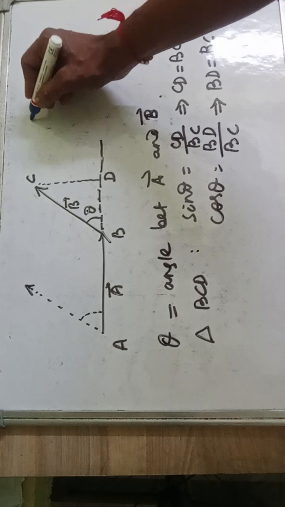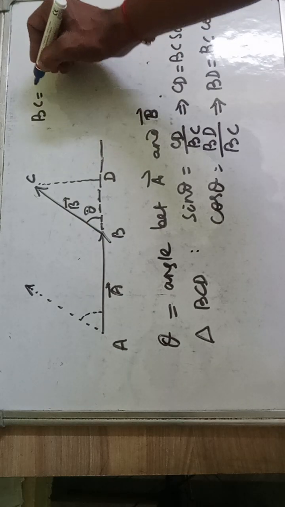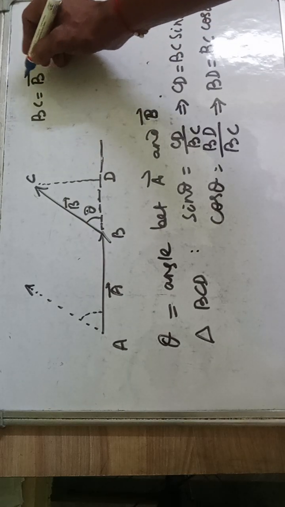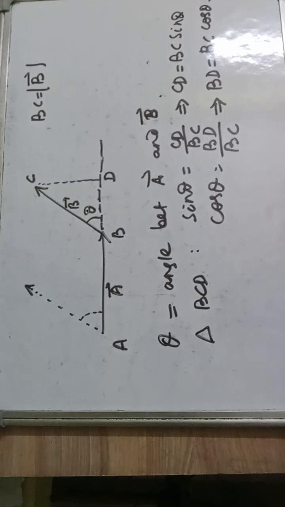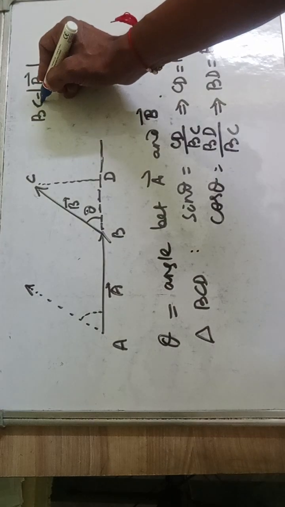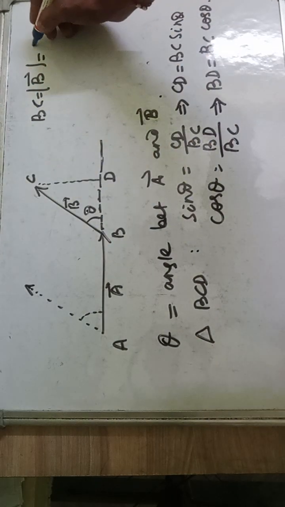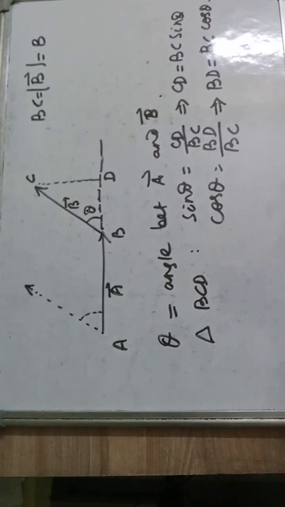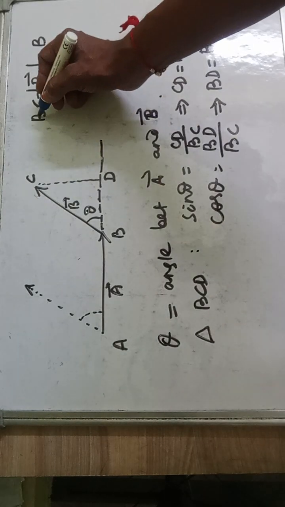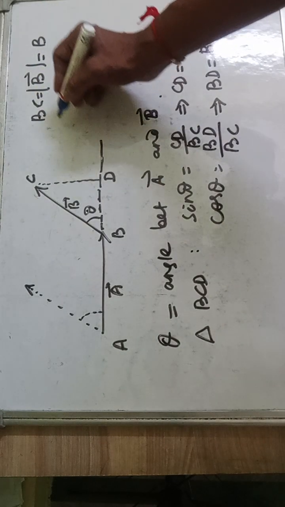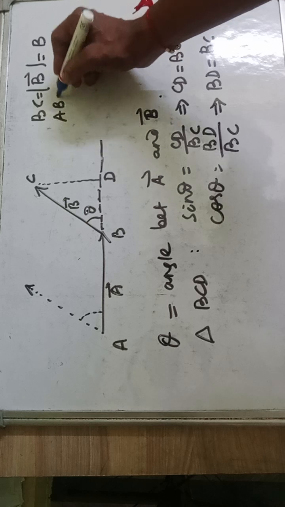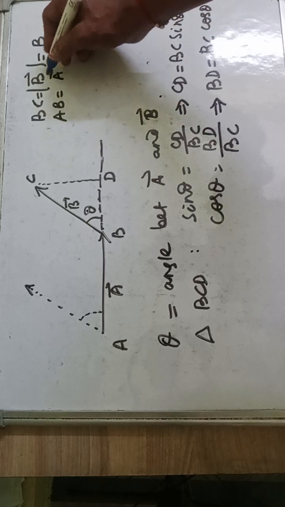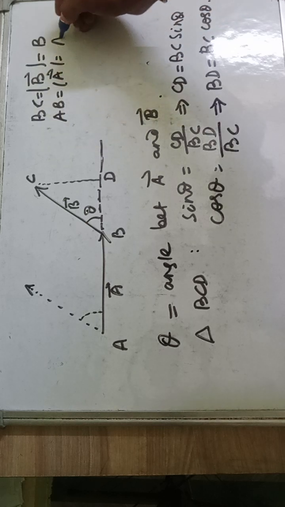Whereas BC is our vector B, or magnitude of vector B. Simply we can write B without vector sign. Now BC is the magnitude of vector B, and AB is the magnitude of vector A, that is A, suppose.